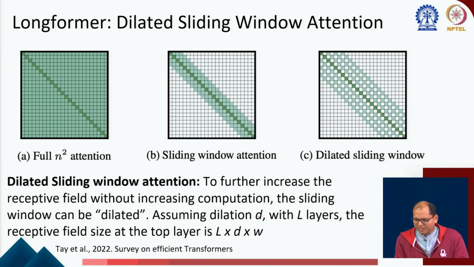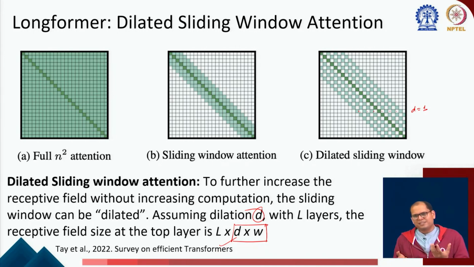Suppose you are using dilation D. Effectively for each layer you have D cross W as your attention span, and the overall receptive field for L layers will become L cross D cross W. Here dilation is 1, so you are having a gap of 1 in between, right? So your effective span increases, the receptive field increases.